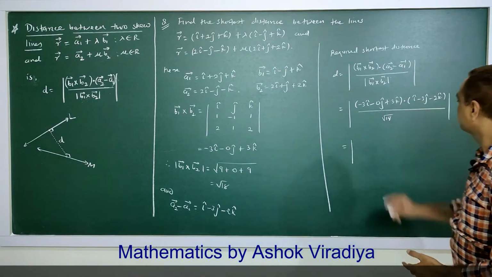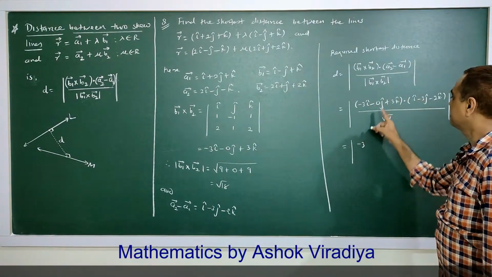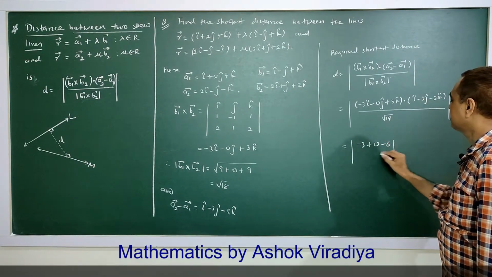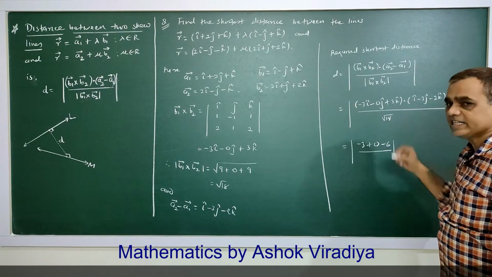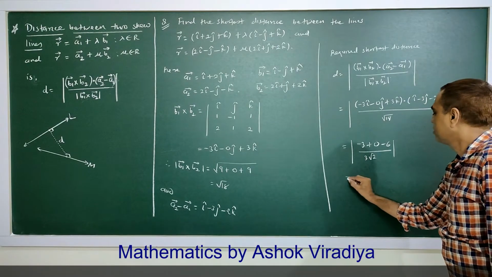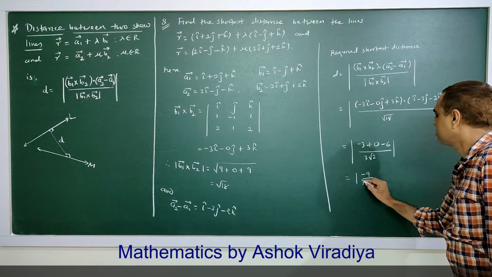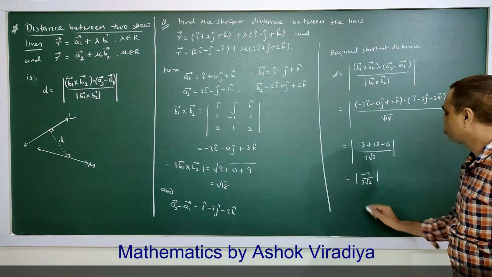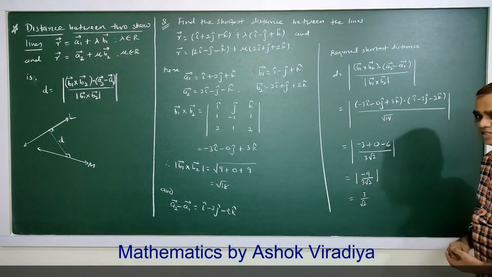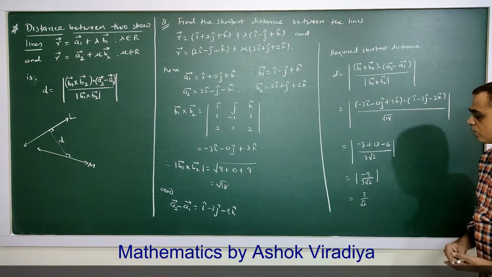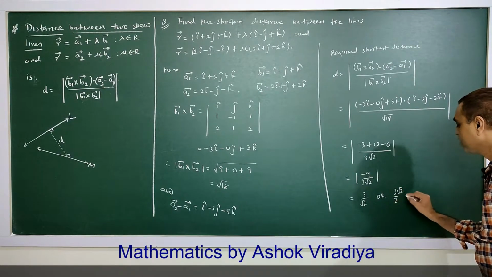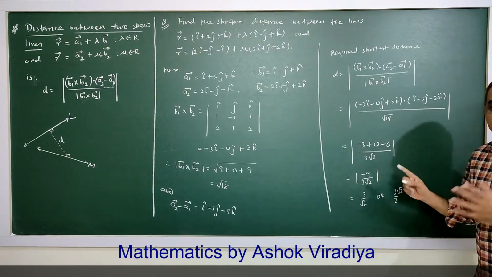So modulus of minus 3 into 1 is minus 3, 0 into anything is 0, 3 into minus 2 is minus 6, upon root 18, that is 3 root 2. That is modulus of minus 9 upon 3 root 2. So this is 3 by root 2. Modulus of negative is positive. So 3 by root 2, or if we rationalize the denominator, this can be expressed as 3 root 2 by 2. This is the required shortest distance.